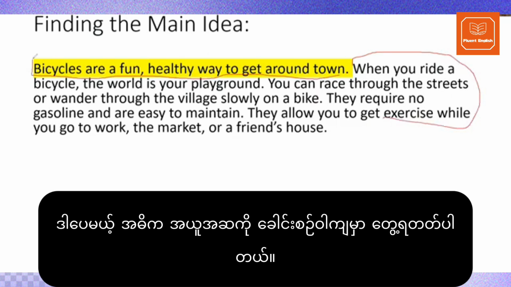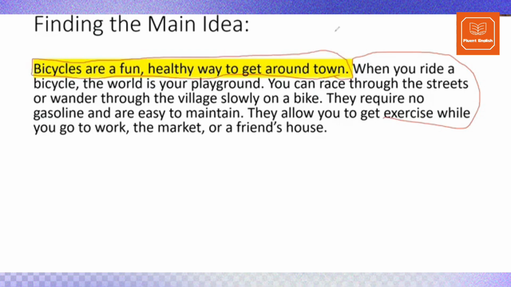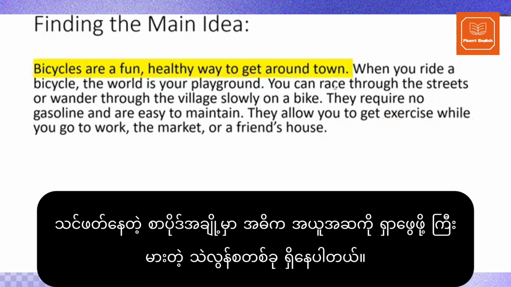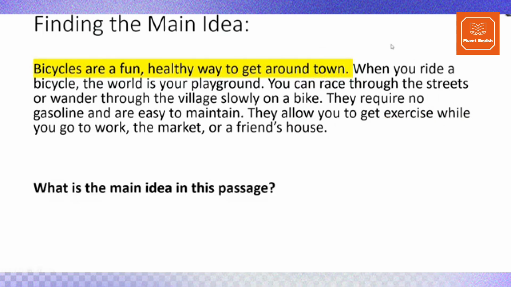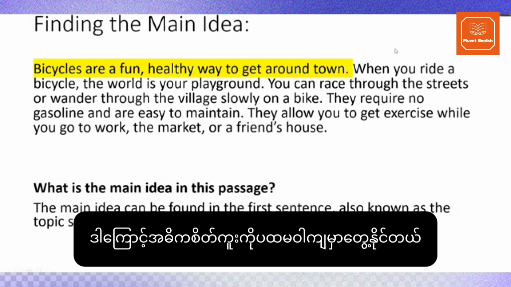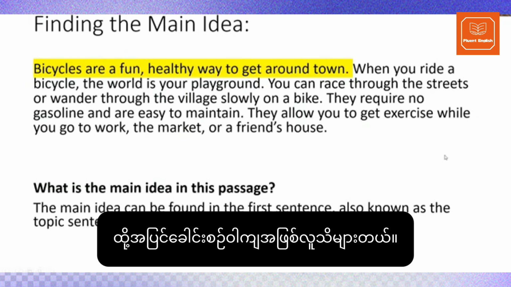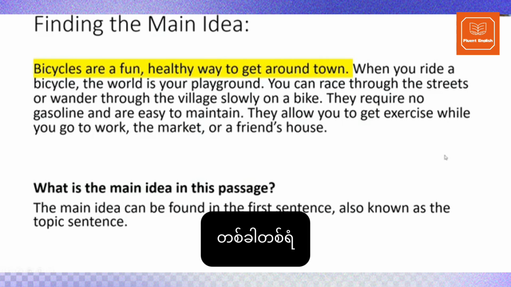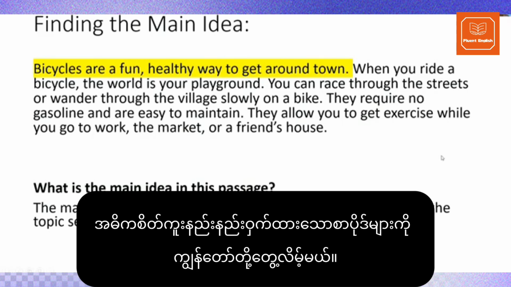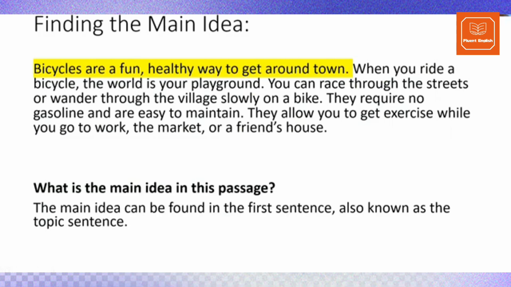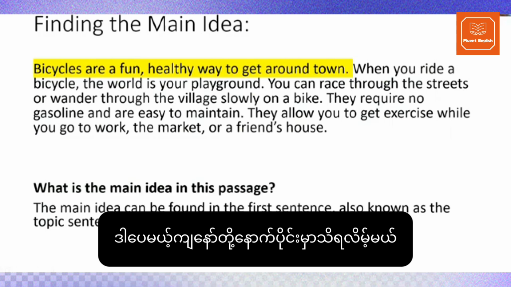But the main idea is often found in the topic sentence. So there's a big clue to finding the main idea in some of the passages that you're reading. The main idea can be found in the first sentence, also known as the topic sentence. Sometimes we will find passages where the main idea is a bit hidden, but we'll get into that later.